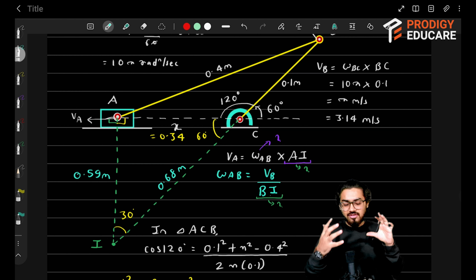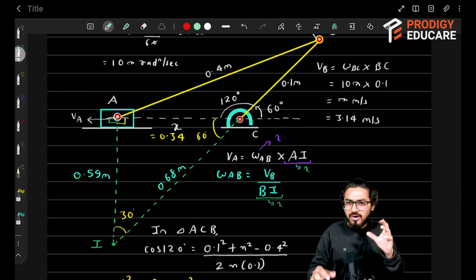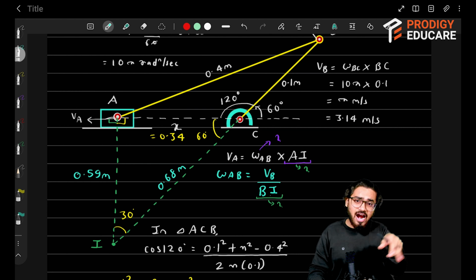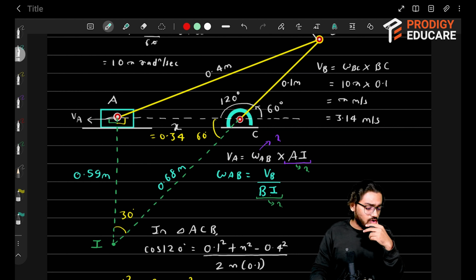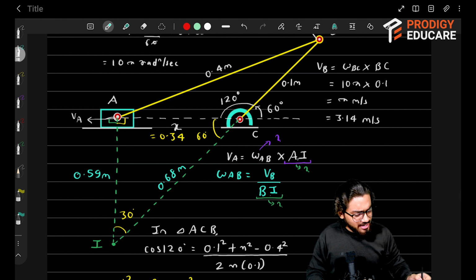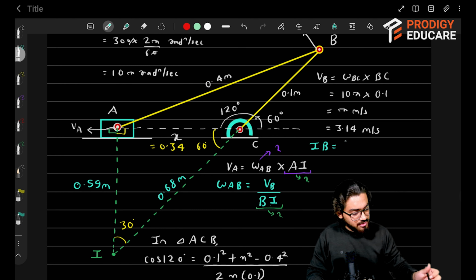So now you have realized that the ICR concept is really easy, but the hard part is evaluating the geometry of the question. Once I know the value of AI, I will substitute the values of AI and IB. IB is simply BC plus CI.